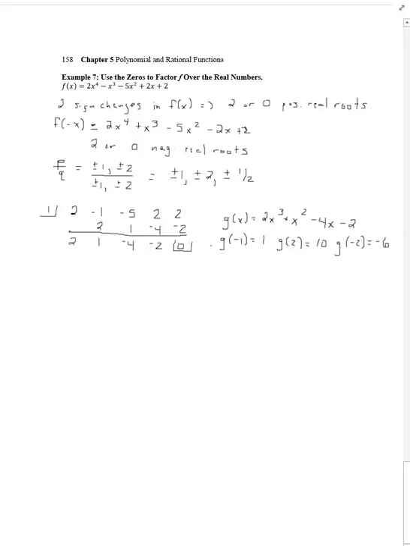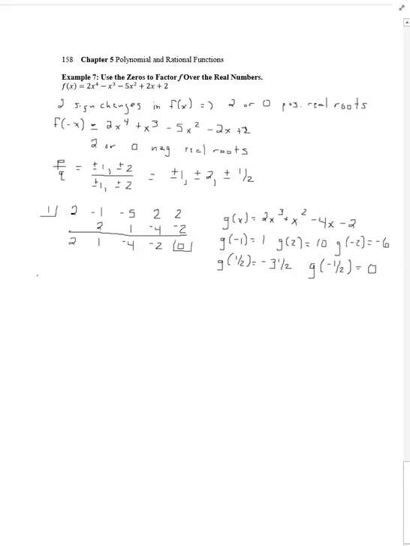Wow, still no help. G of 1/2 is negative 3/2. Still no help. And g of negative 1/2, we finally found one that's 0.